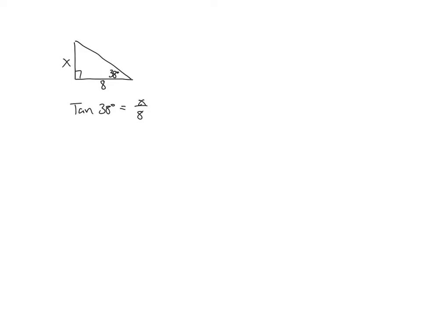Then what we're going to do is create a proportion. When we multiply diagonally, x times 1 is just x. So this is a nicer problem. Here's where you have to have a calculator. No way around it, because what's the tangent of 38 degrees? I have no idea. If you're using a phone, the way to type it in is you type in 38, and then you press the TAN button, and it's going to give you some super long decimal.